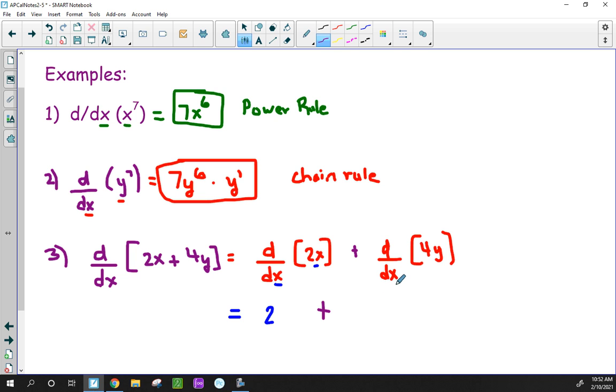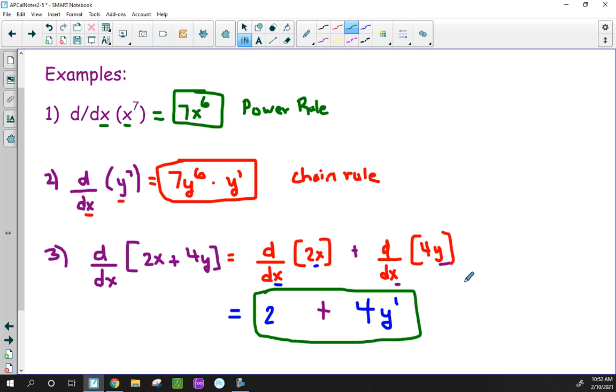Find the derivative with respect to x of 4y, different variable, so I'm just going to do the derivative of the 4y first, and that's just going to be the constant 4. And then chain rule, because these are different, I'll have to do dy dx notation or y prime. So this is my answer for question 3.